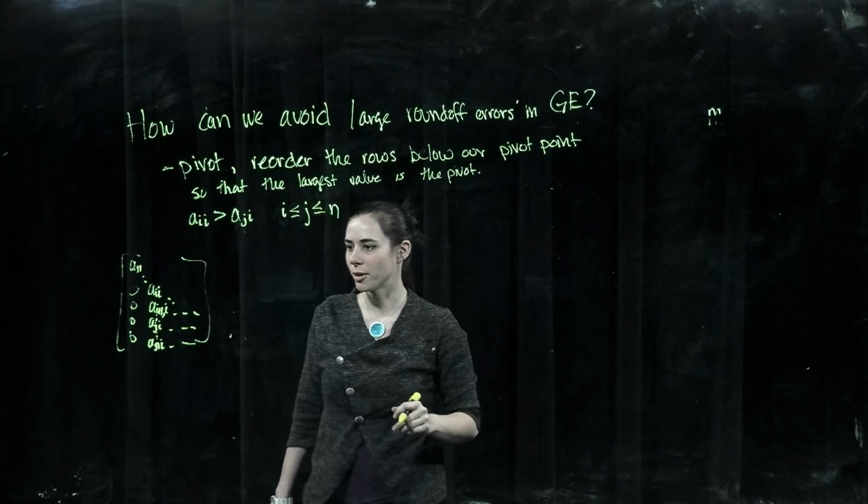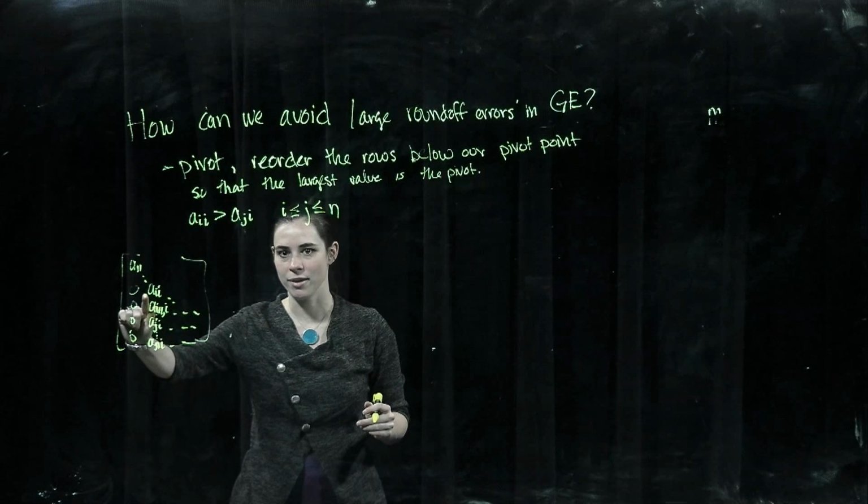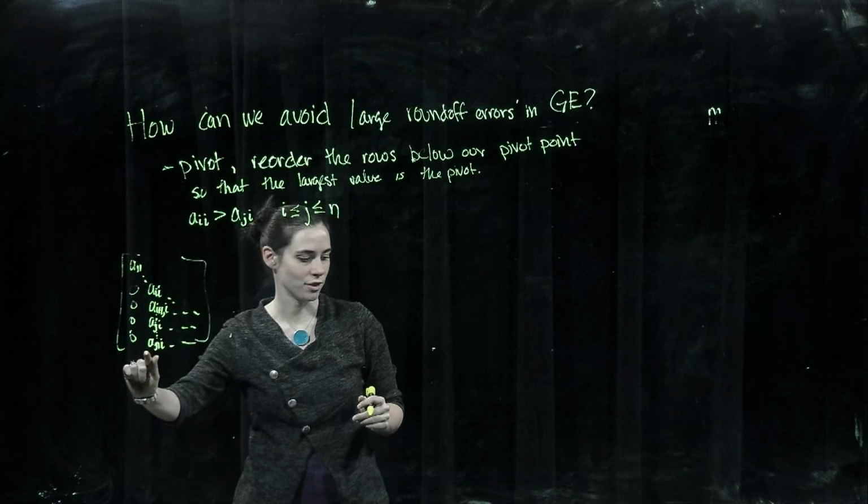So essentially what we're going to do is say, okay, we want to guarantee that this value, the pivot point A_ii, is larger than all of the rest of them.